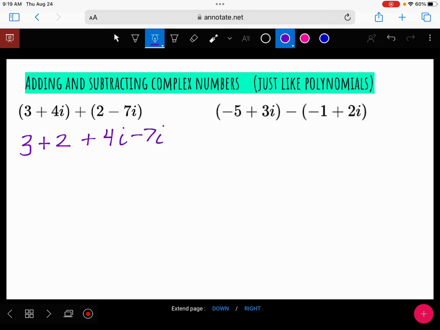So this one simplifies down to be 5, 3 plus 2, and 4i minus 7i is minus 3i. Okay, combine like terms. That's it. Okay, I told you, the simplifying i is the hardest part today. It is the hardest part today.